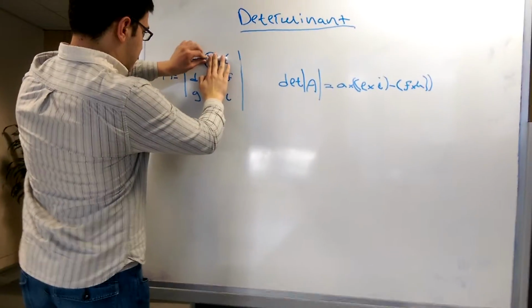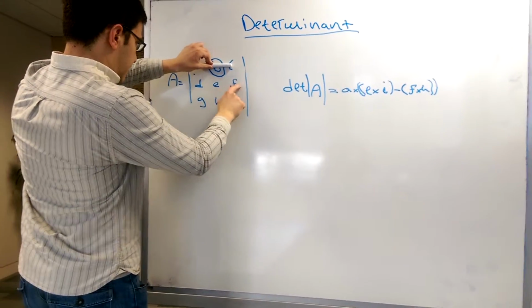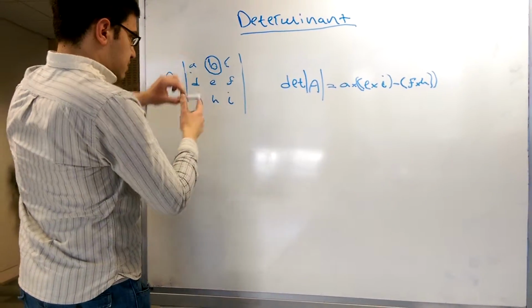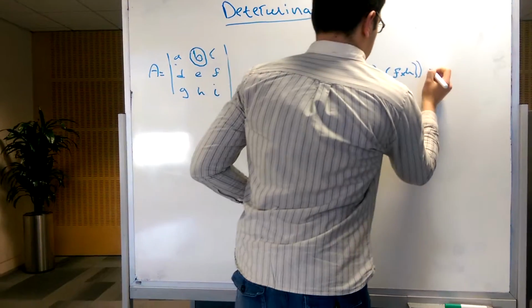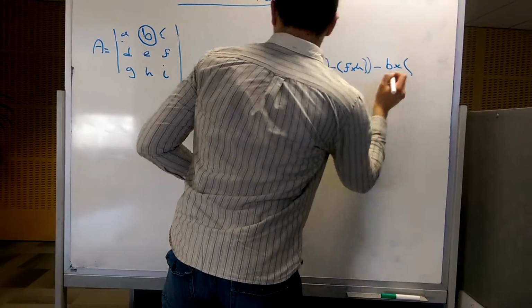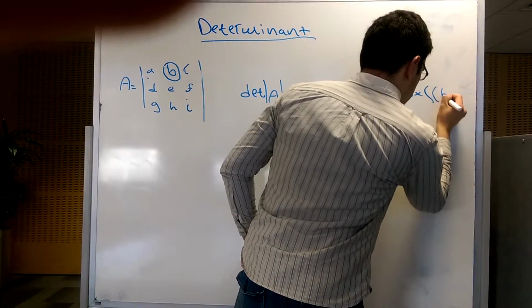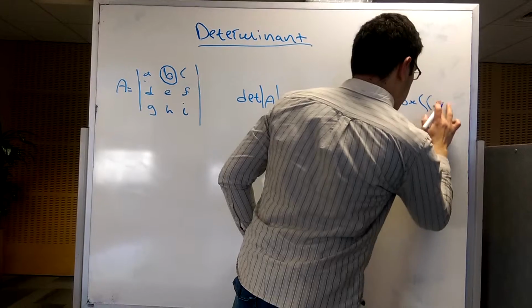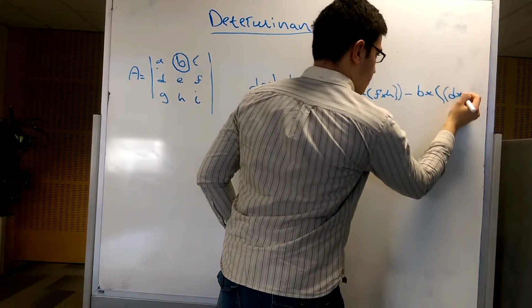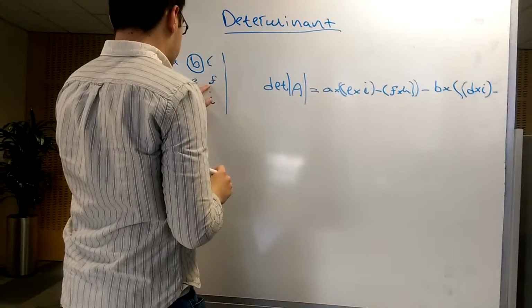So you have to hide the row and the column, and then you take the determinant of D, F, G, I. So D times I minus F times G.